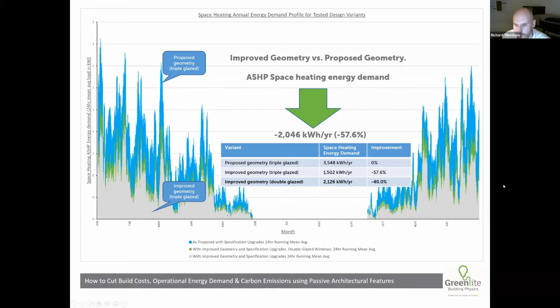And I think what's also interesting is if you were to take the improved geometry and specify it with double glazing instead of triple glazing, you would still achieve a 40% betterment over the proposed geometry with triple glazing. So clearly there's cost savings available here simply by refining the shape of the building. And we'll go into what those cost savings look like towards the end of the webinar.